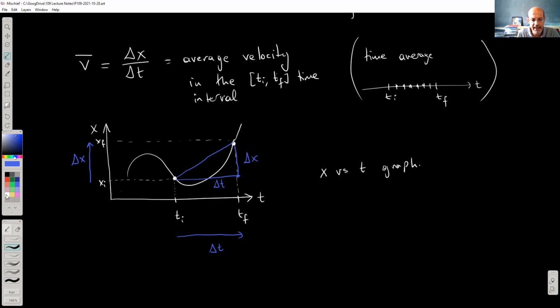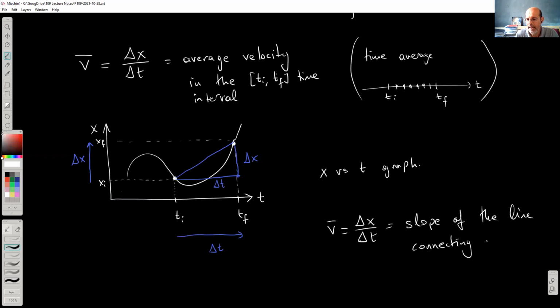In any case, V bar here is delta X over delta T. So that's basically the slope of the line connecting, let's say, two points on the X versus T graph, right?